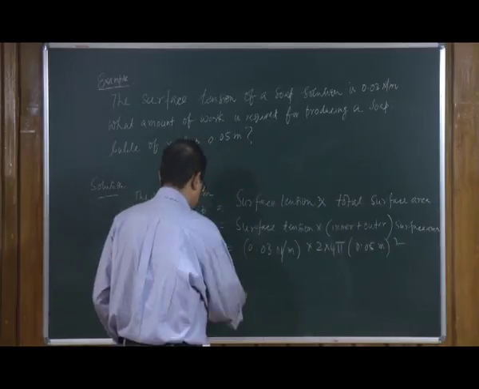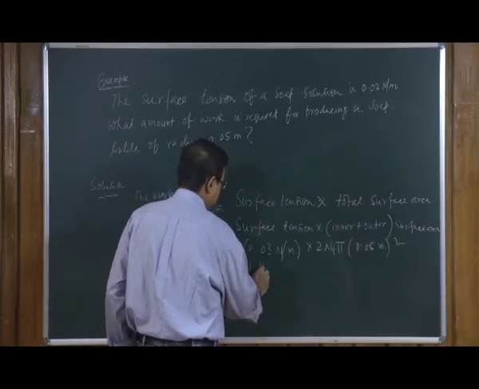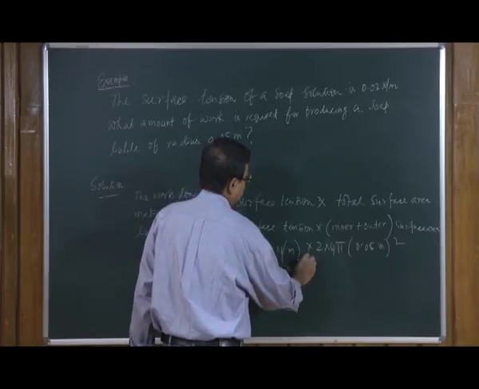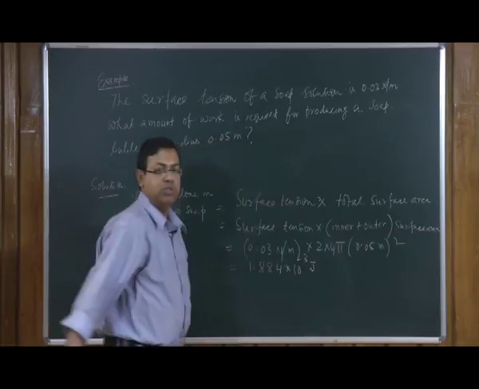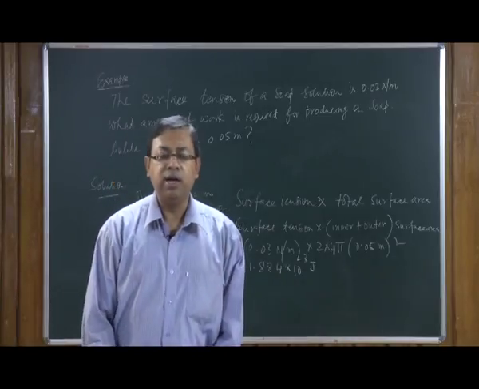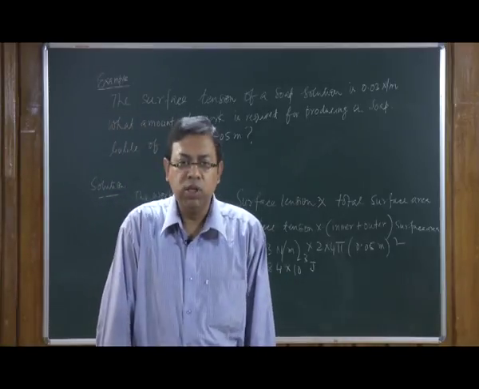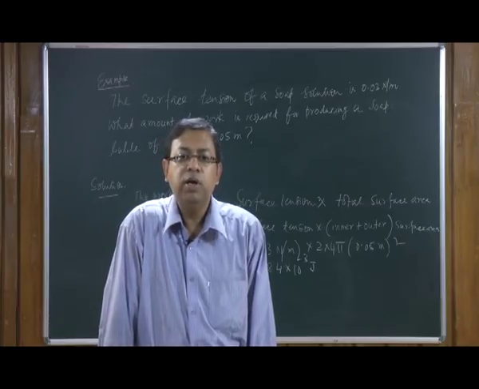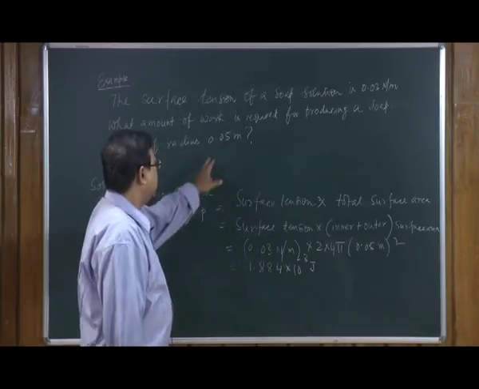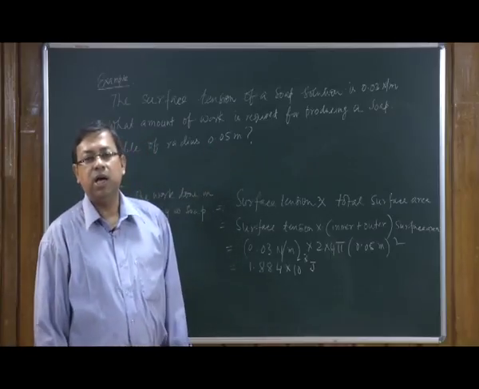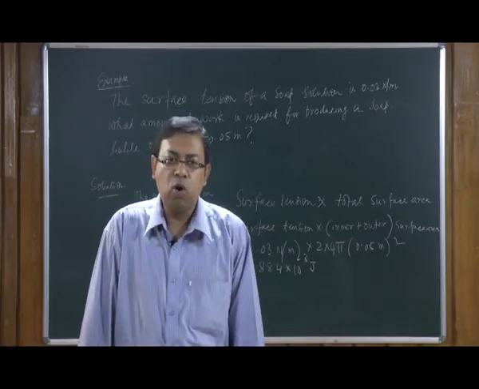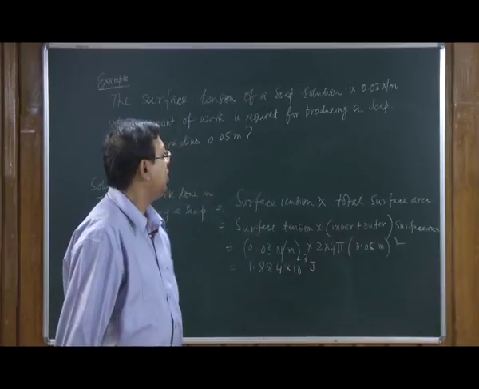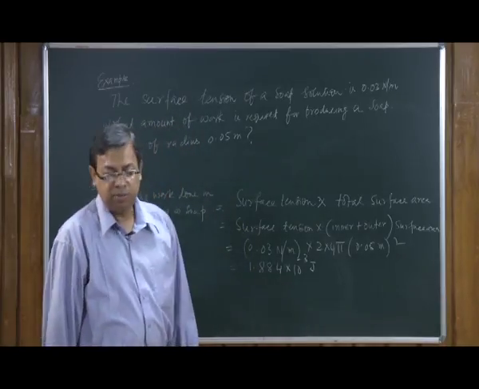And when you work this out, this becomes equal to 1.884 into 10 to the power minus 3 joules. So, that is the work required to produce a soap bubble of 0.05 meter radius, where the surface tension of the solution is 0.03 Newton per meter.